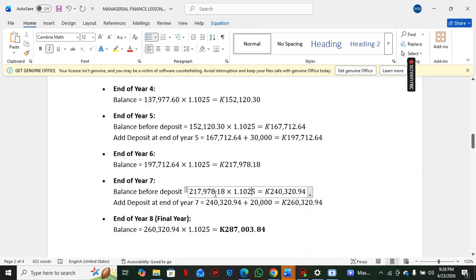So we're going to say 217,978.18 multiplied by 1.1025. You get 240,320.94. Then at the end, we are going to add an extra 20,000, since this 20,000 is deposited at the end of the year. So you're going to have 260,320.94.